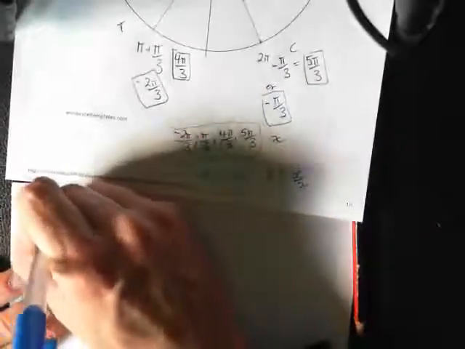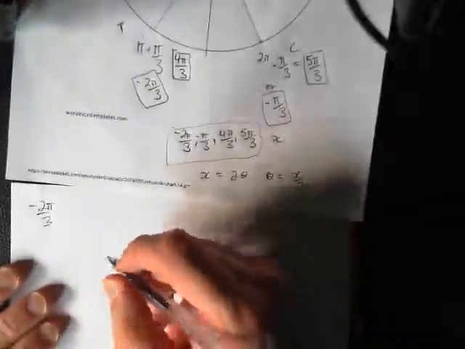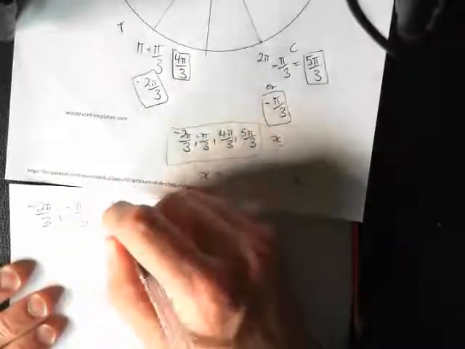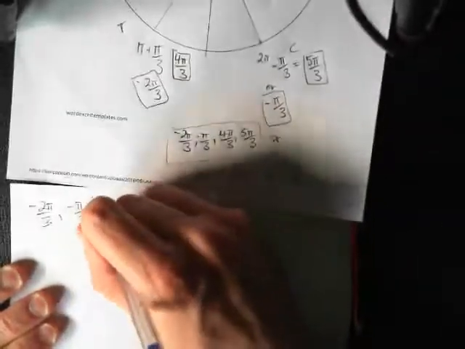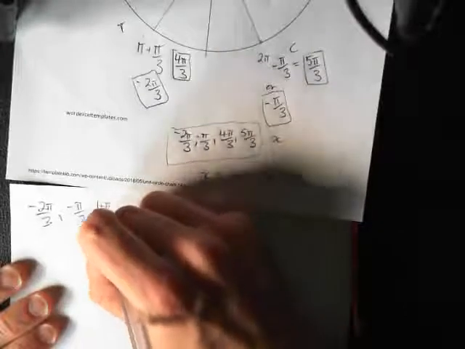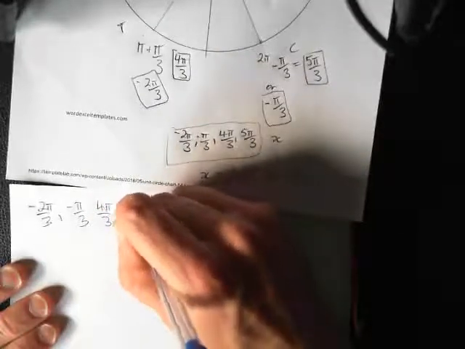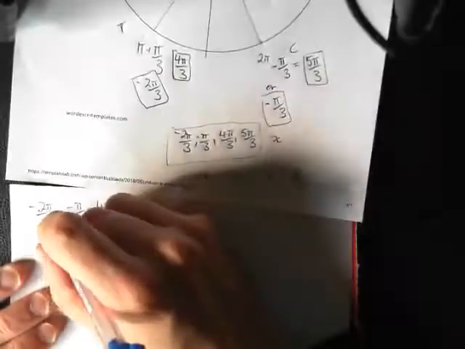Let's write it out. Our solutions for x are negative 2 pi on 3, negative pi on 3, 4 pi on 3, 5 pi on 3.